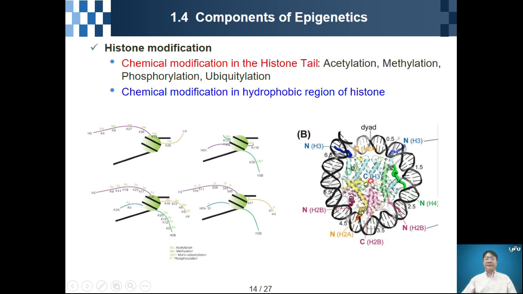Sometimes it happens, but not much. So most of the histone modification happens in the histone tail, especially acetylation, methylation, phosphorylation, and ubiquitination. All of these changes are epigenetic changes. So these changes can be inherited by your offspring.